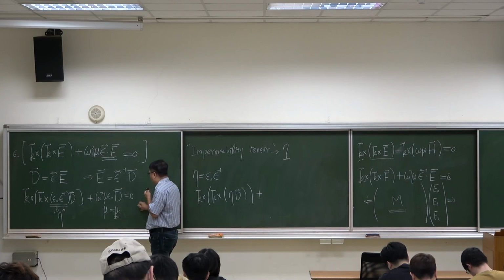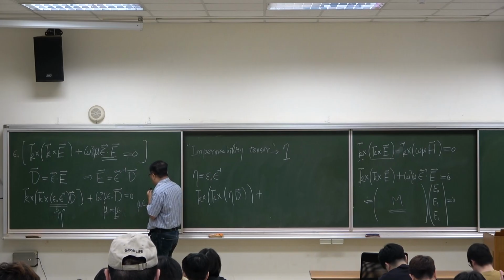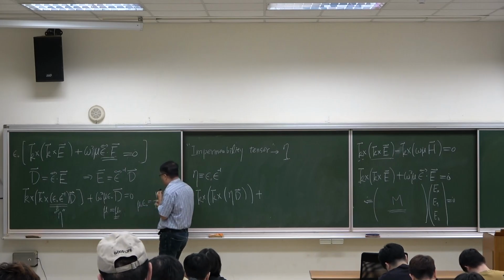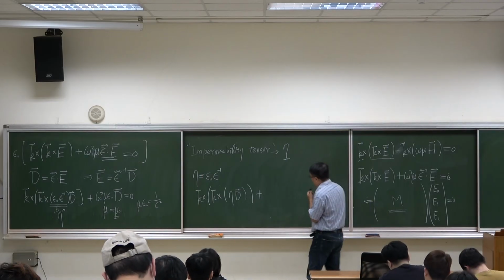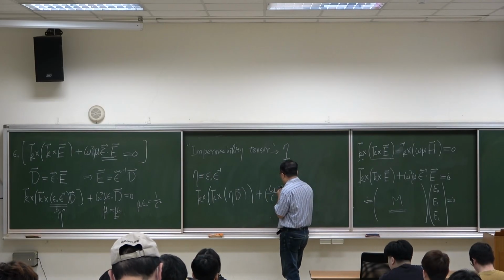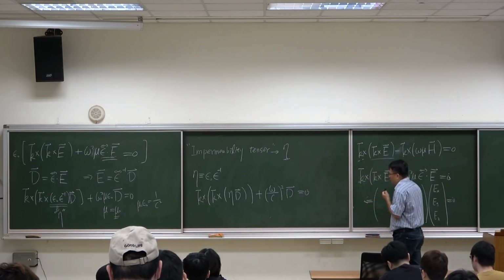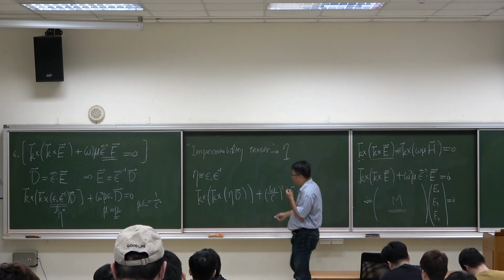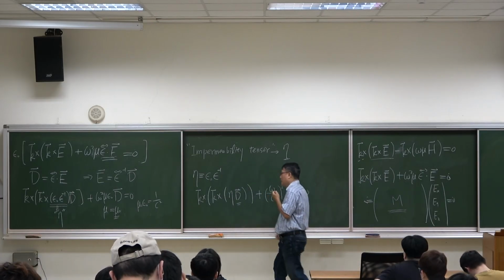Okay, and we know that epsilon 0 times mu 0 is equal to 1 over c squared, where c is the speed of light in vacuum. So this is equal to omega over c squared times D. So now we have an equation describing the relation between D and K.